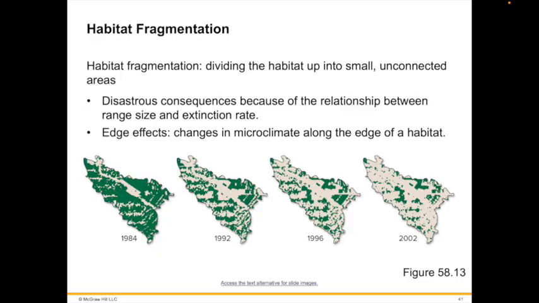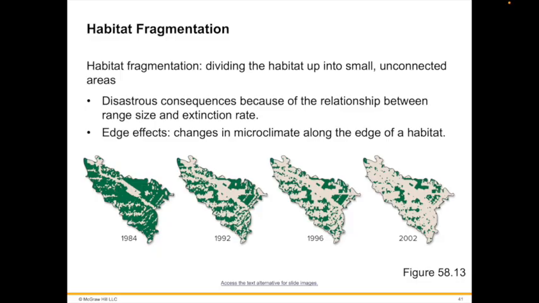The effect is to carve the populations living in the habitat into a series of smaller populations, often with disastrous consequences because of the relationship between range size and extinction rate. As habitats become fragmented and shrink in size, the proportion of the habitat that occurs on the boundary or edge increases. Edge effects can significantly degrade a population's chances of survival.